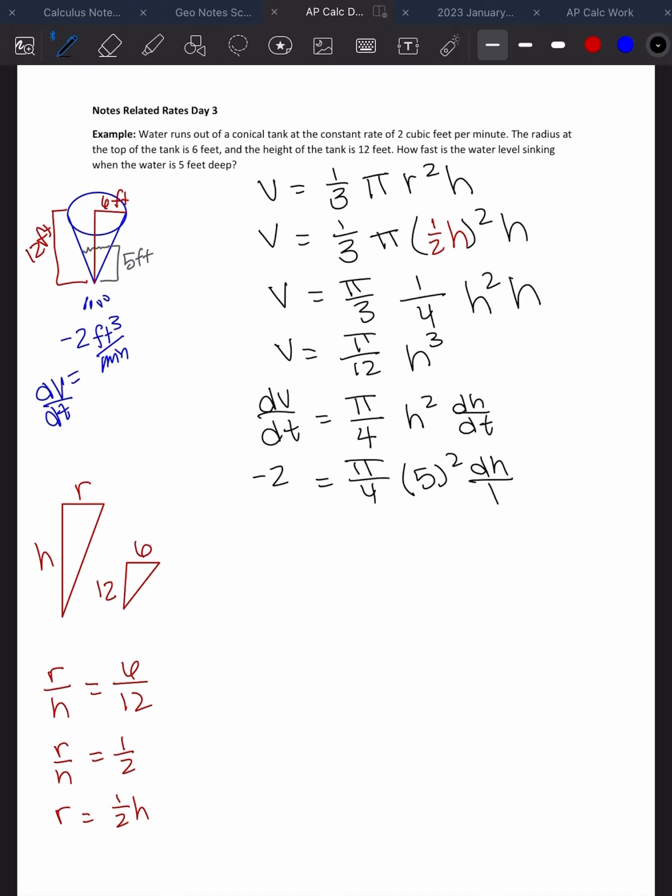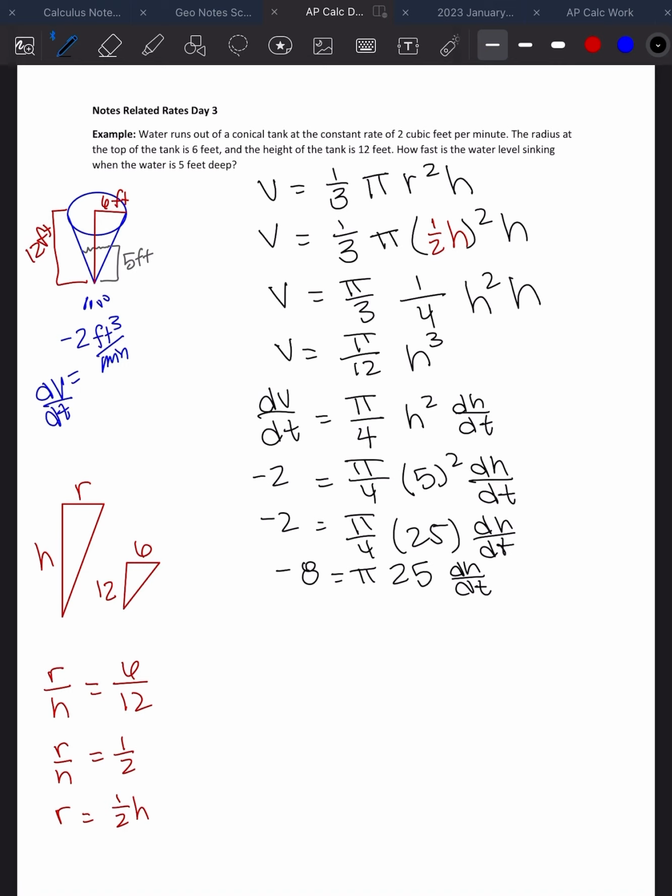And dh over dt is what we are solving for. The only thing I'm going to do to make it a little easier on myself is multiply both sides by 4, so that I don't have this fraction here. So we have -8 is equal to pi times 25, dh over dt.